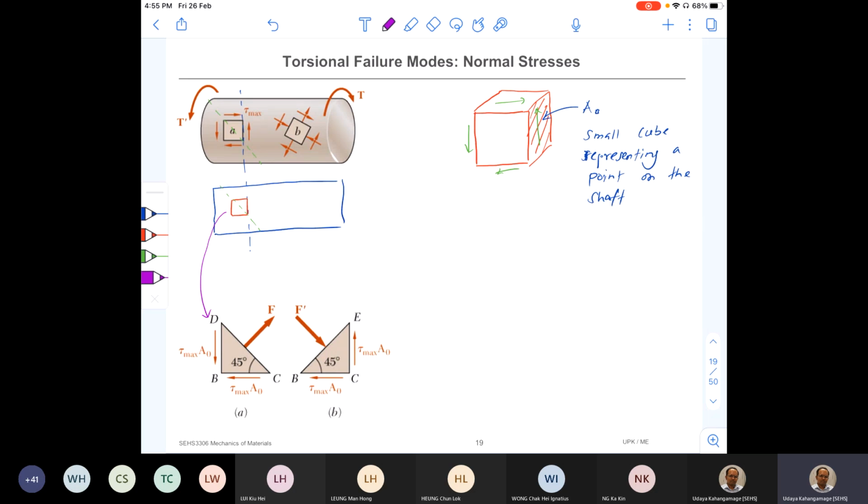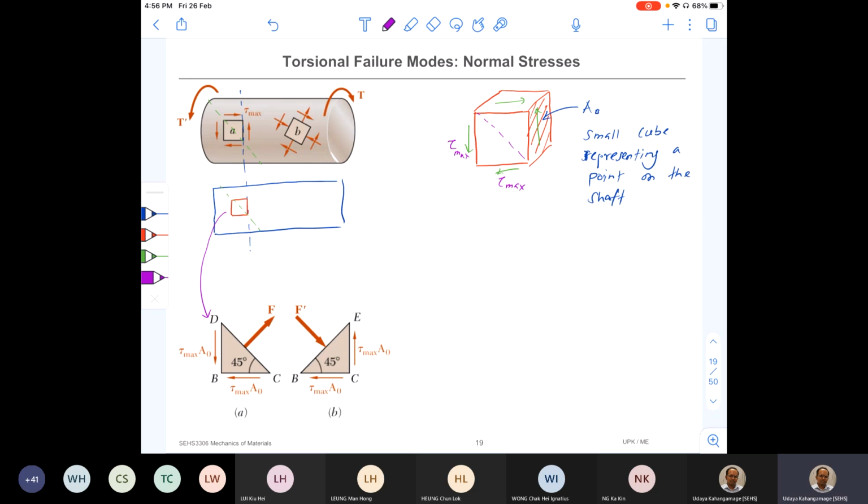So what I have drawn here, that bottom triangle, is in 2 dimensions, but it is actually a 3-dimensional cube. So if you cut the cube like this and take the top half out, the bottom half I have drawn in here. Okay, so on this surface there's a shear stress. I mark it as tau. Since it is on the outer surface, it should be tau max. Okay, and these are tau max.